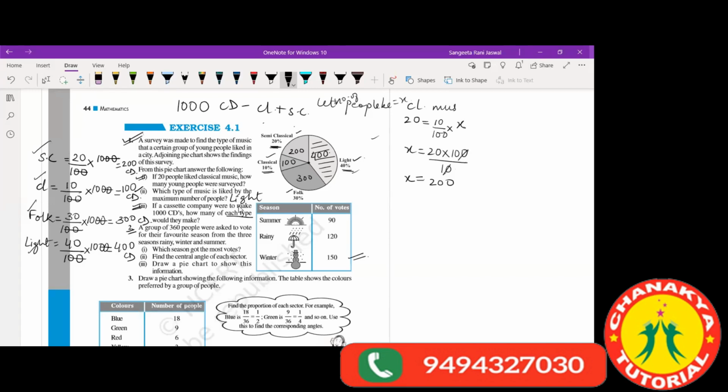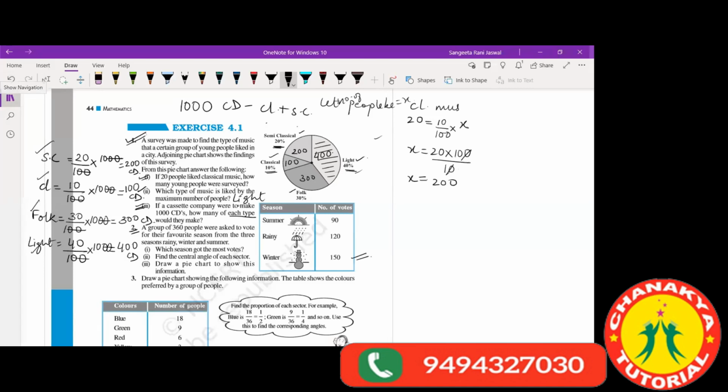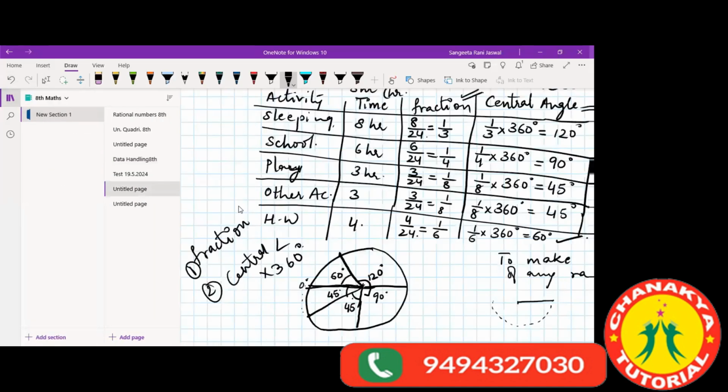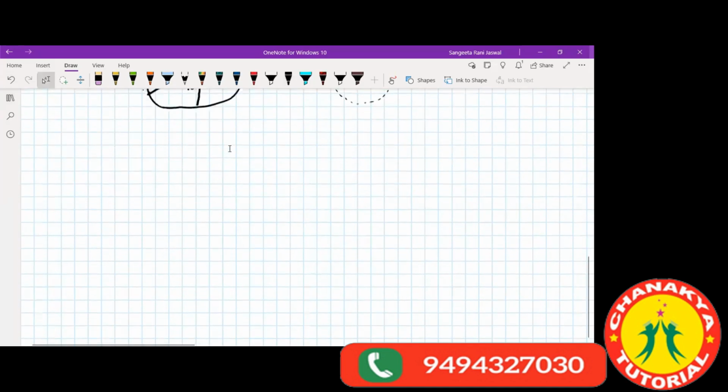So we'll move to our page now. To find the central angle. So this was question number 2.